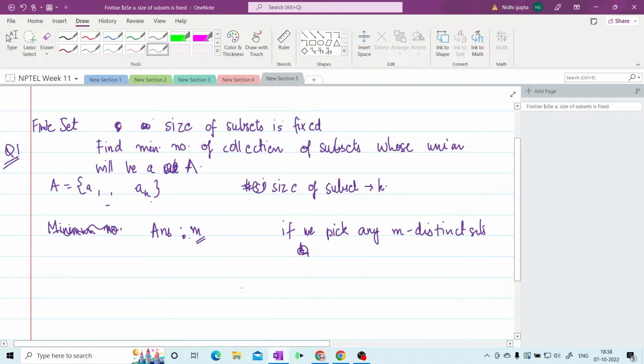The intersection of two subsets is not empty, so for each pair you are saying they should not be disjoint.